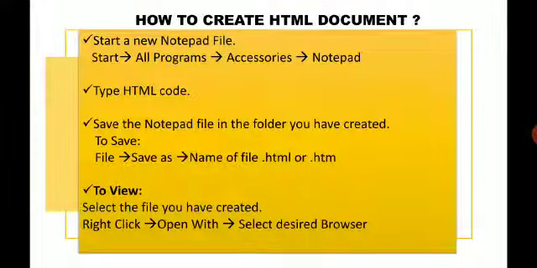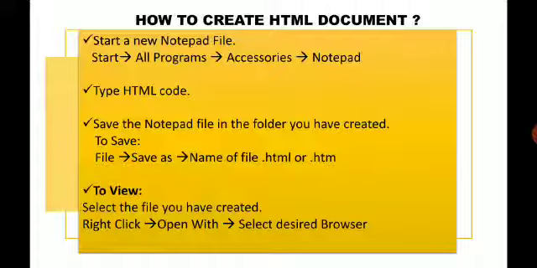Now your next step is how to create HTML documents. First step will be to start a new Notepad file. If you are using Windows 7, you can find Notepad in Accessories, or you can search for Notepad. So start a new Notepad file first.